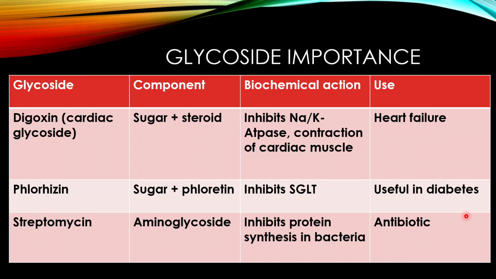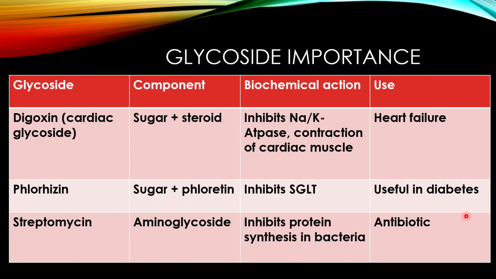The myocytes normally contain more potassium inside and more sodium outside. This is maintained by the sodium potassium ATPase pump. Basically the sodium potassium ATPase pump is taking sodium from inside the cell and putting it outside, and taking potassium from outside the cell and putting it inside.